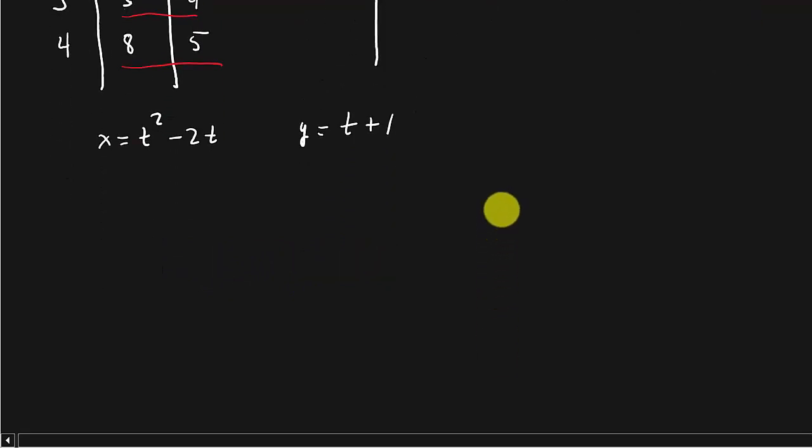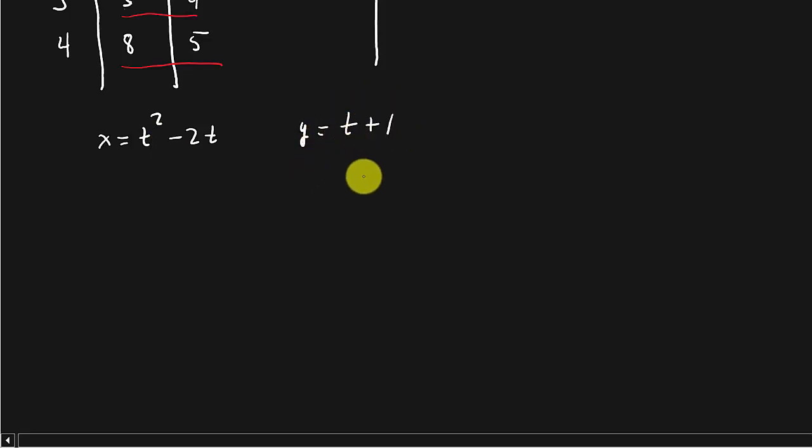So what I want to do is get it in terms of x and y. You see, this equation over here is real easy to solve for t. This one over here, not so much. But this one's easy to solve for t.